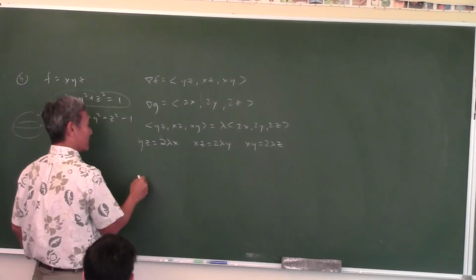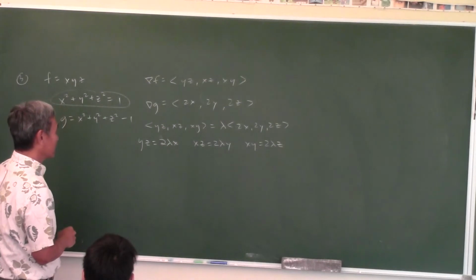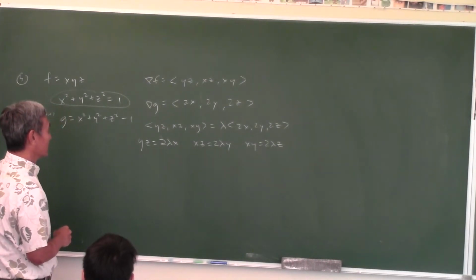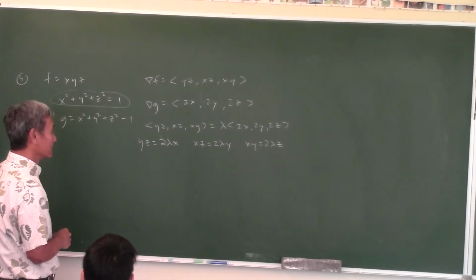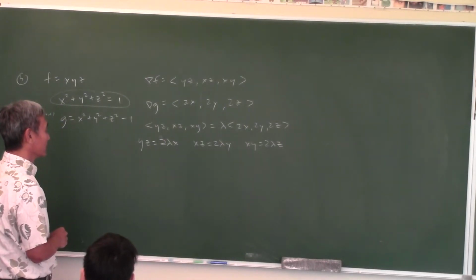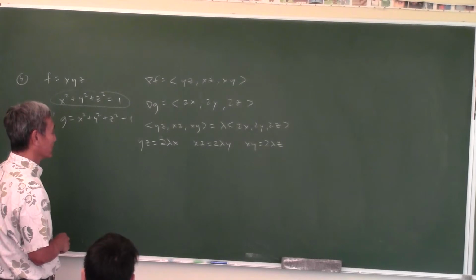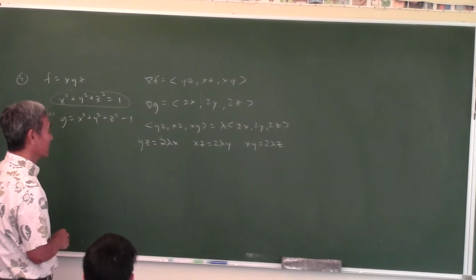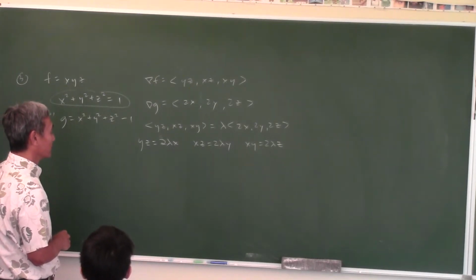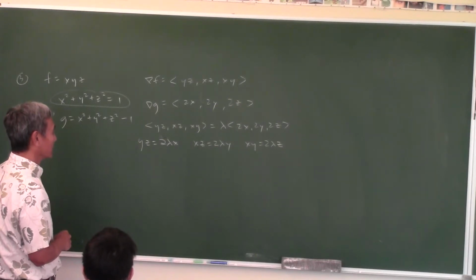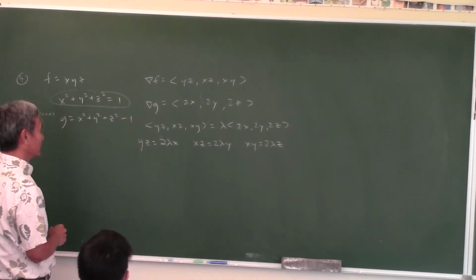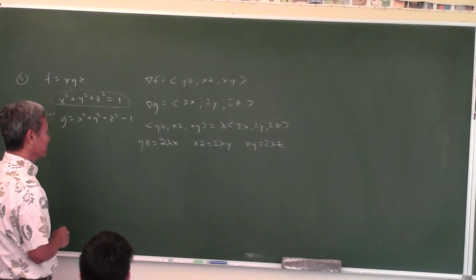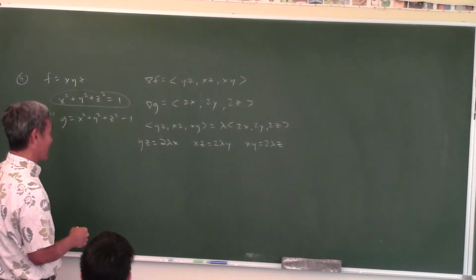Well, can't you just do yz over x equals xz over y? Yeah, that's the same, because they're all equal to 2 lambda. If you divide the first one by x and the second one by y and the third one by z, then you can still equate them: yz over x equals xz over y equals xy over z.